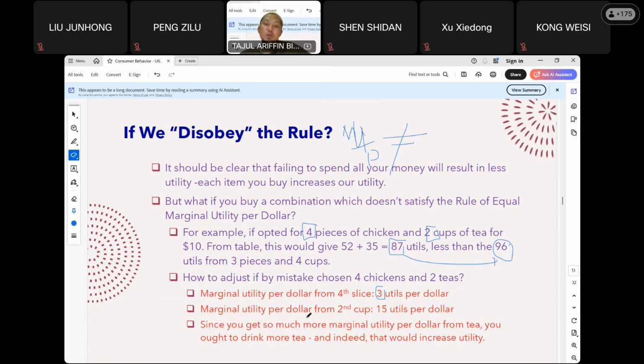But marginal utility per dollar from the second cup is still very high, which is 15. Meaning you can get more happiness by adding tea. You add more tea, most likely mu over p will be equal, and then your satisfaction will also increase. So this is a simple rule.